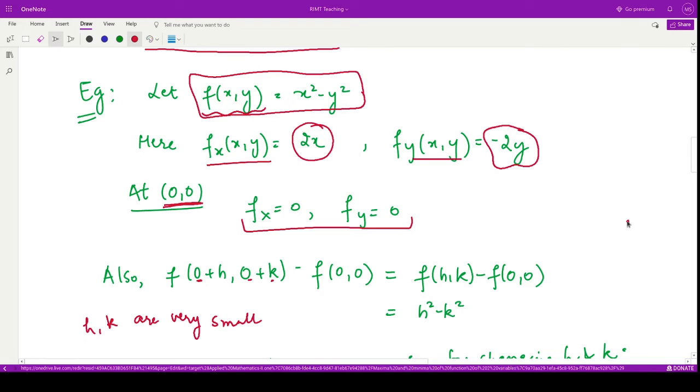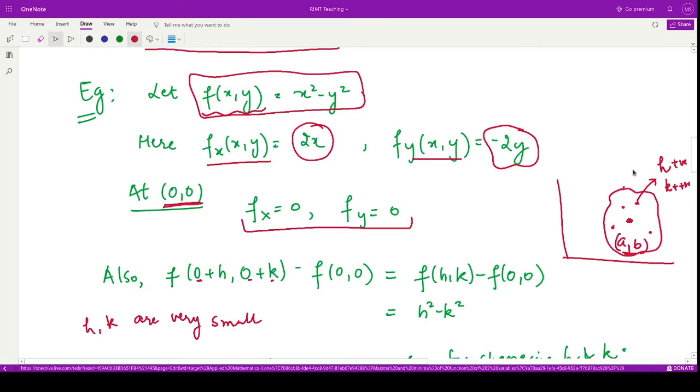Now this was your point (a, b) in the two-dimensional plane, and the points (h, k) are the neighboring points. Suppose you are taking a very small region of points neighboring the point (a, b). So you will have some point here, some point here, some point here, some point here. For this, say the h value is positive, and here the k value is also positive.